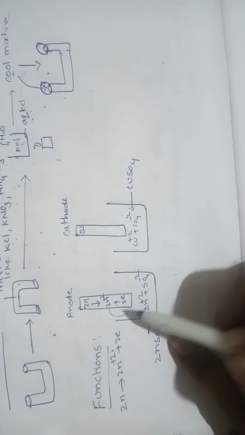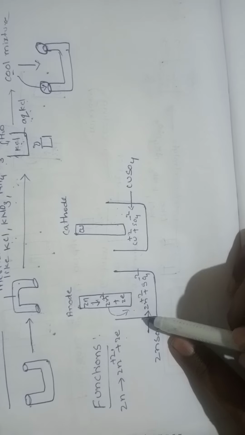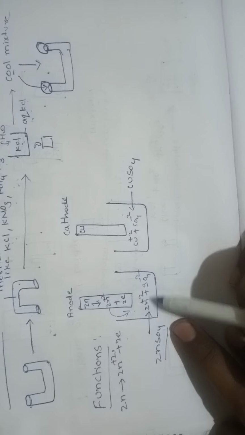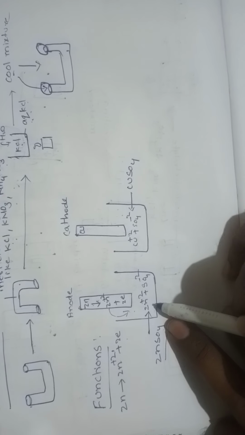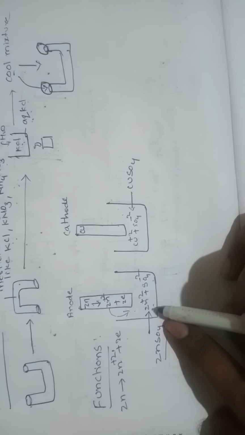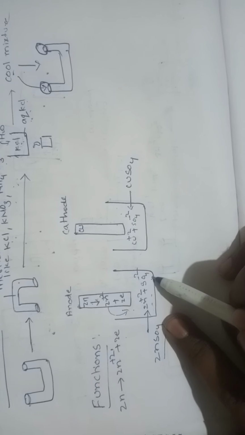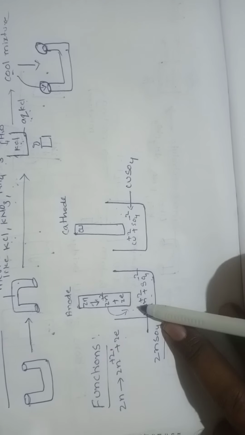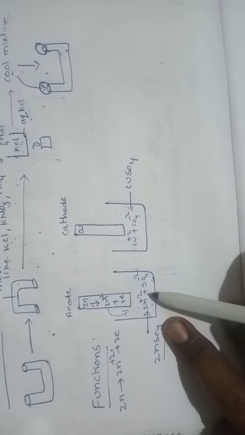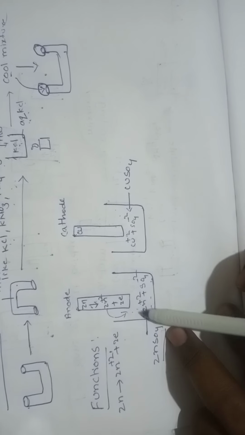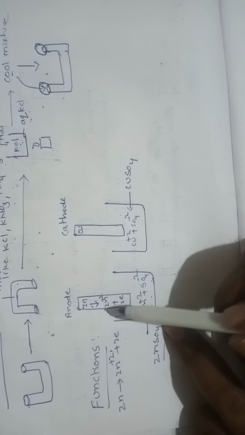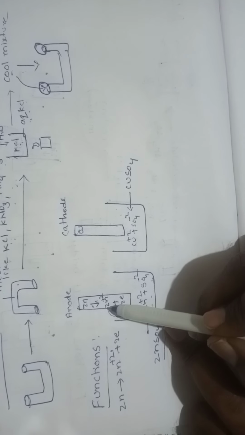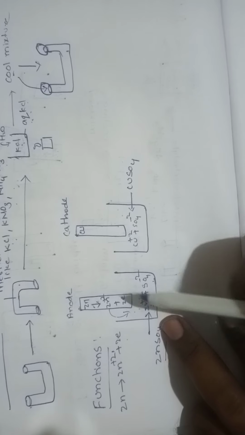Now, the electrolytic solution here is a zinc sulfate solution, which already carries Zn2+ ions and sulfate ions. Due to the release of zinc ions from the metal rod, the concentration of zinc ions increases.